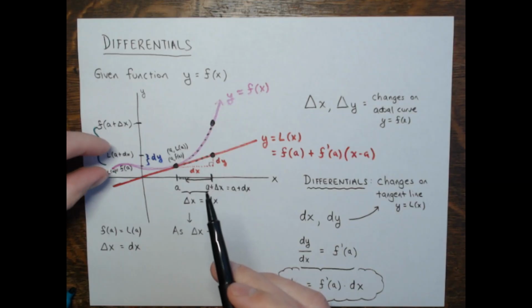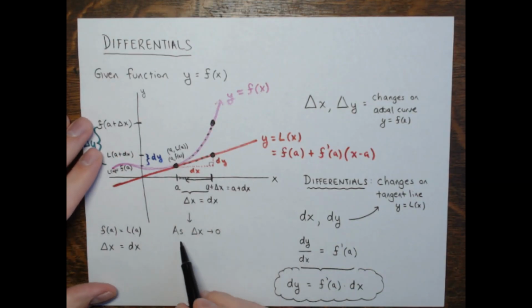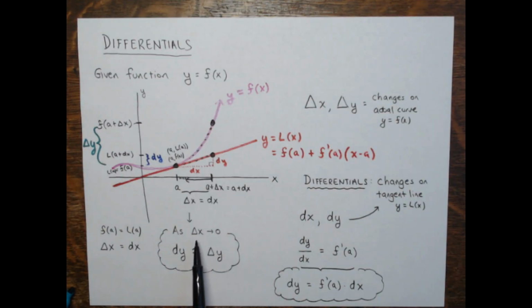So then delta y would become closer and closer to dy. So this change in y on the tangent line would be approximately the same as the change in y on the actual curve, right? So there's a huge concept as well. So if I go a little bit off of my initial value, make delta x small, the change in y on the tangent line, dy, should be very close to the change in y on the actual curve, which is, again, represented by delta y.